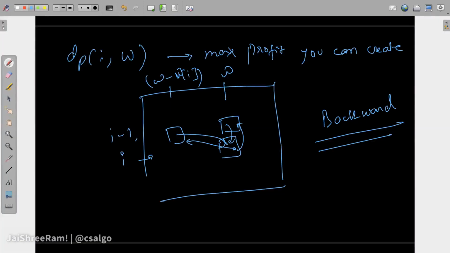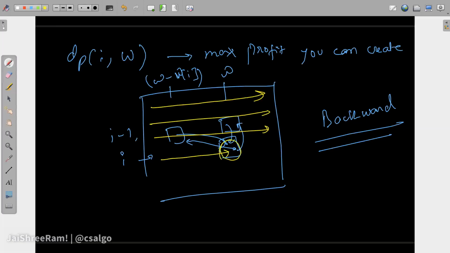Okay. So this helps us decide the order in which we should fill the values in the DP table, because if we fill in this fashion, once we are done with the I minus 1 level, only then are we going to the ith level. And when we reach this particular state to calculate its value, we already have these values calculated. So we can get this particular value using these two values, right?